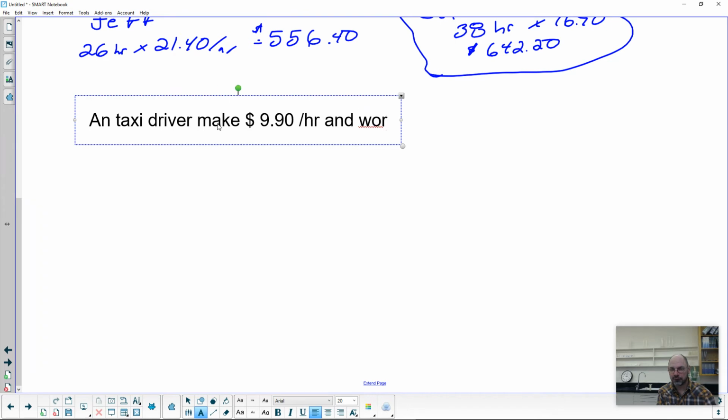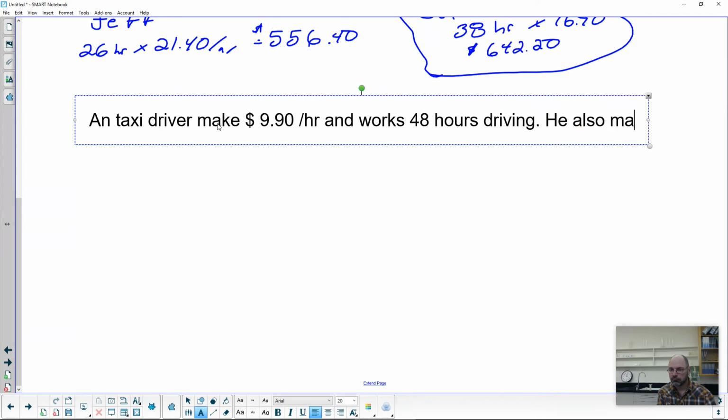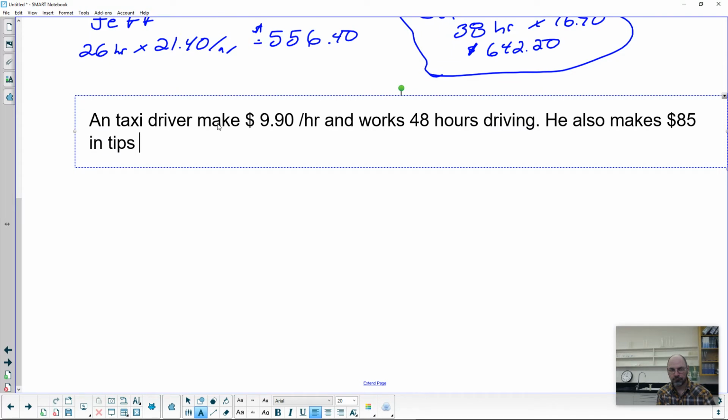Works, let's say, 48 hours driving, period. He also makes, let's say during that period of time, $85 in tips for that period of time.